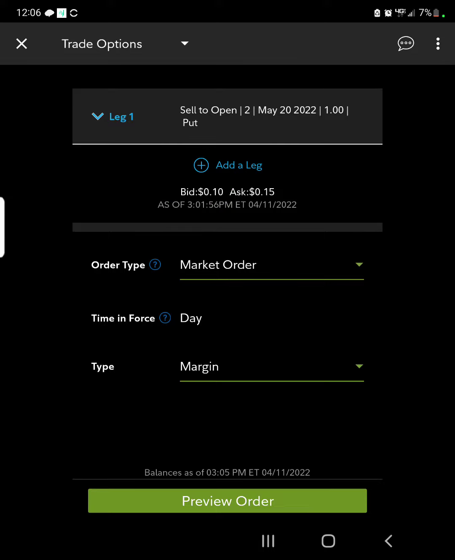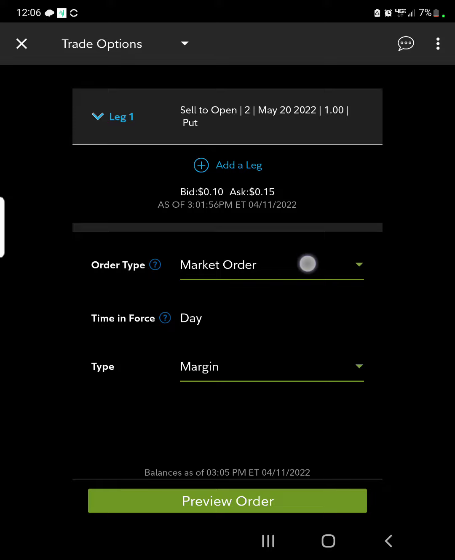Now, if I want more money than the $10, you can see right here the highest ask is $15. That means if I put it at $15, I would have to wait until someone wants that position badly enough that they're willing to pay the extra $5 over the current bid. That's the market. This is going to be a limit order.